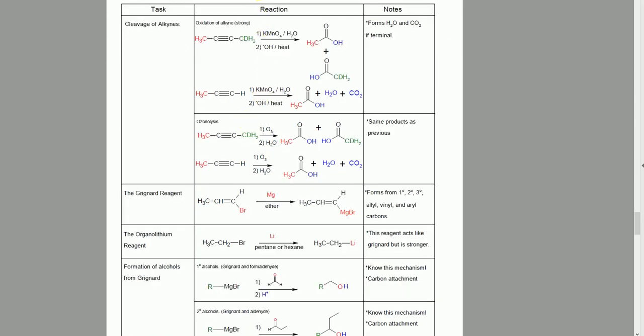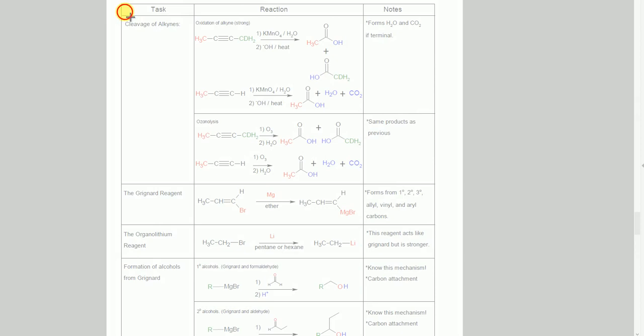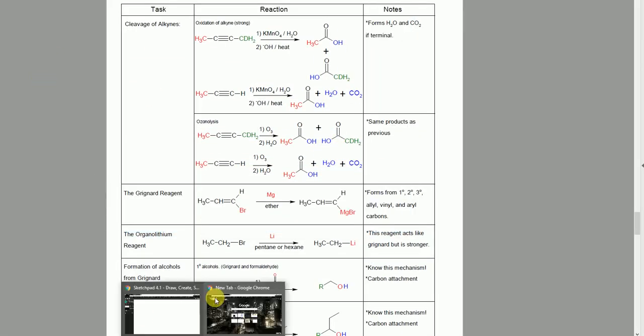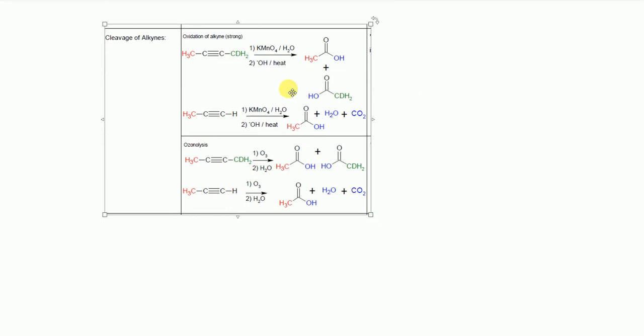All right. So for the rest of these reactions, these top three right here, let's look at these. They're very similar to things we've seen before. Before, we've seen reactions with KMnO4, H2O2, OH, and heat. We've seen ozonolysis, O3 and H2O.